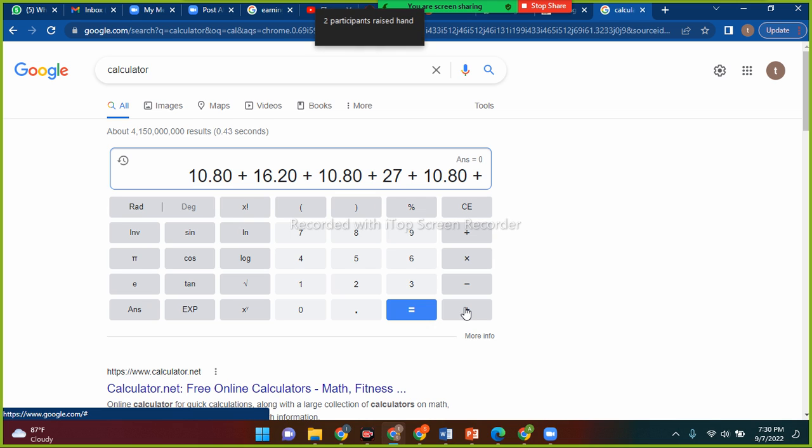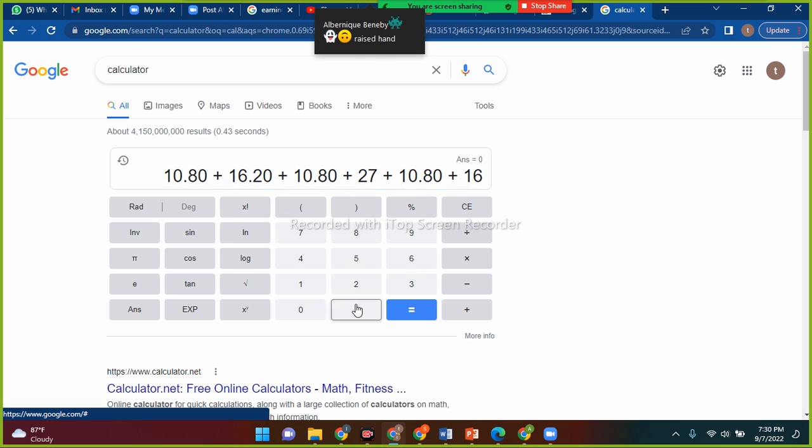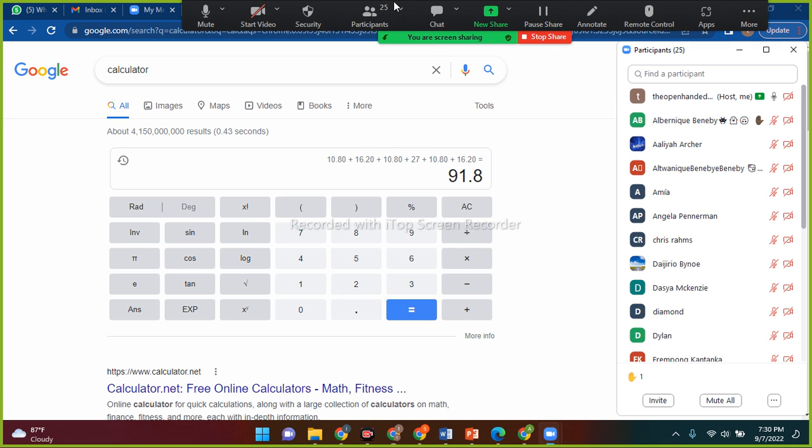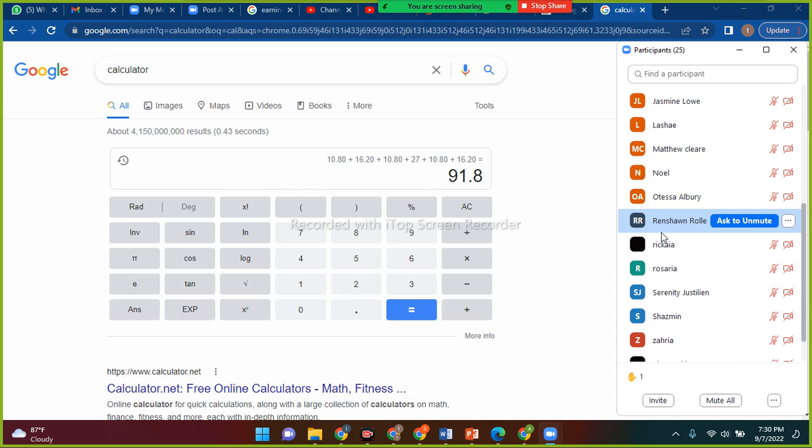Okay, that's before you divide it. So plus 16.20. All right, we got 91.8. 91.8 is what we got.